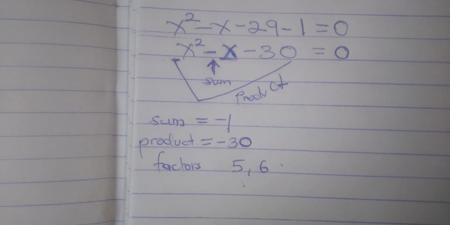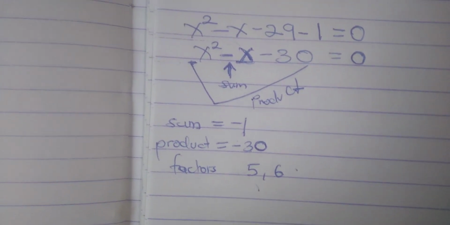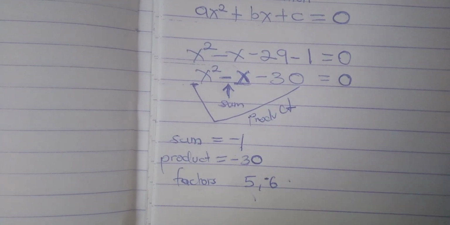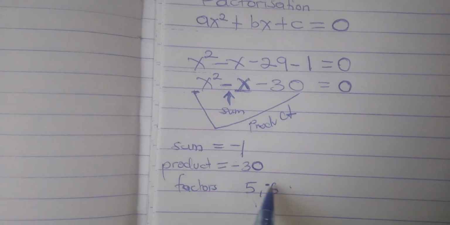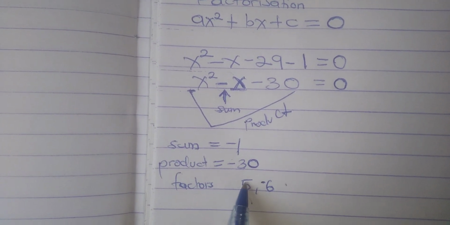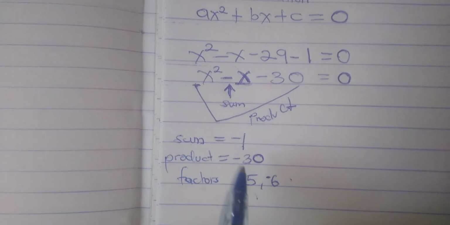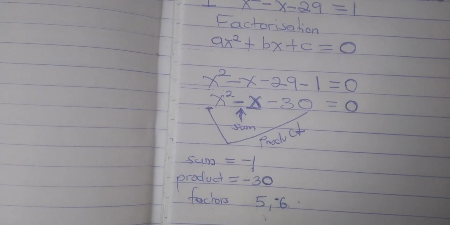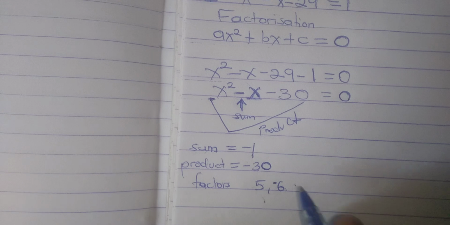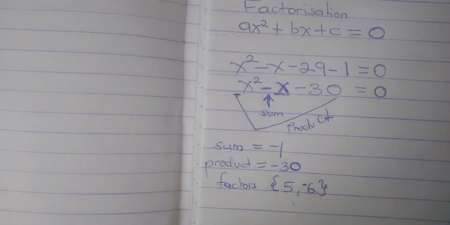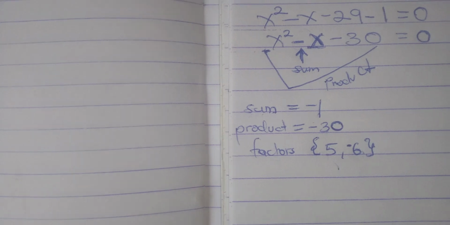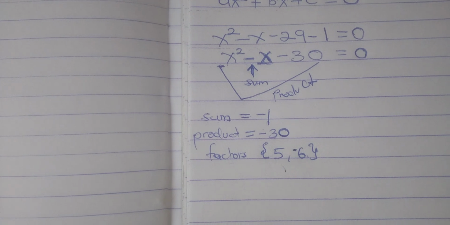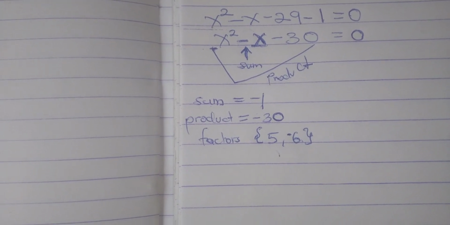For us to get a negative answer, the bigger number always has the negative. So the negative goes to 6: negative 6. When I add, because this is a sum, 5 plus negative 6 gives me negative 1, and when I multiply them I still get negative 30. So these will be my factors. After getting the factors, where will you put them? Are you seeing the position of the sum? The sum is negative 1.